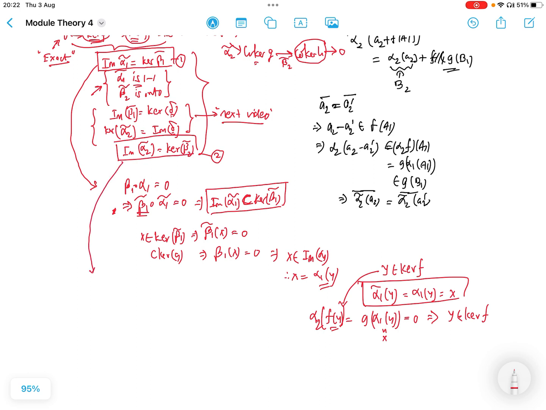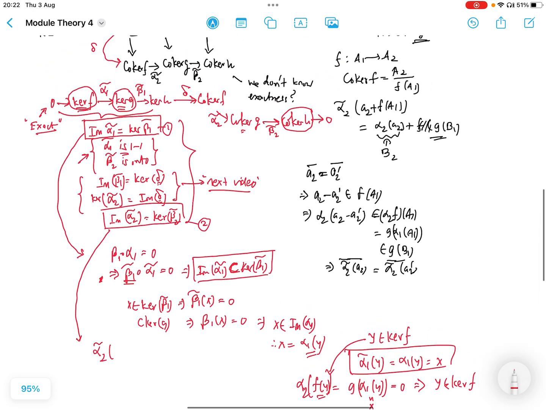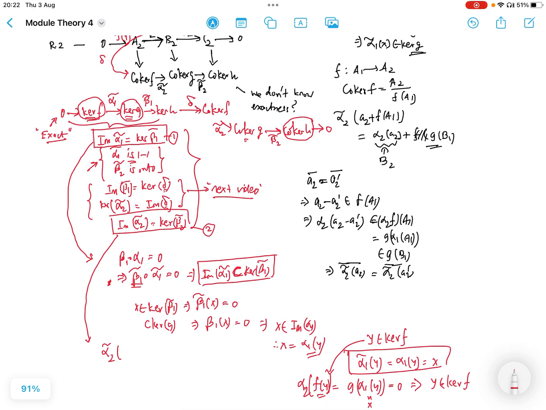So first, take any element from the image of alpha 2 tilde. Now we need to take care of the domain and codomain. Alpha 2 tilde is a map from a co-kernel, so any element of the image of alpha 2 tilde will be some A2 plus the image of it.